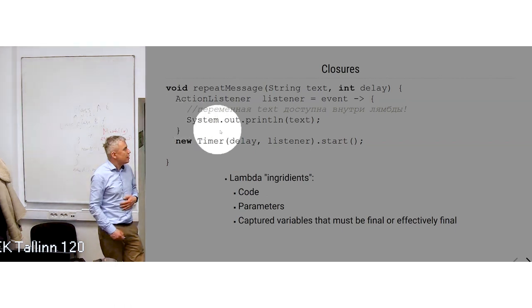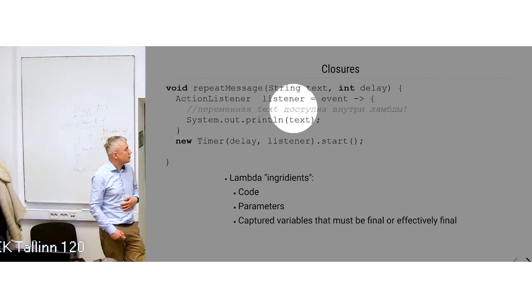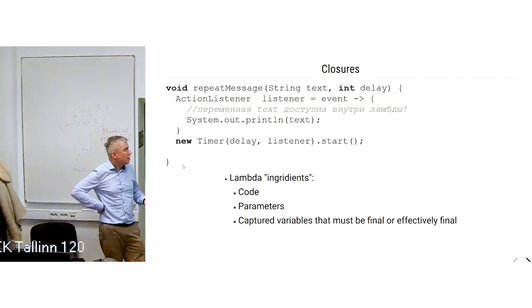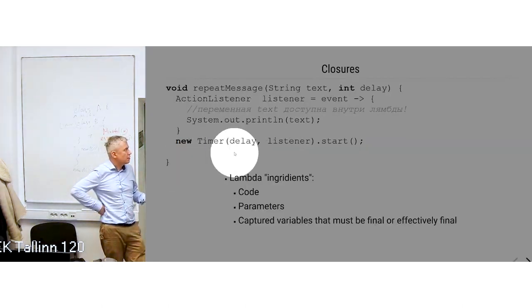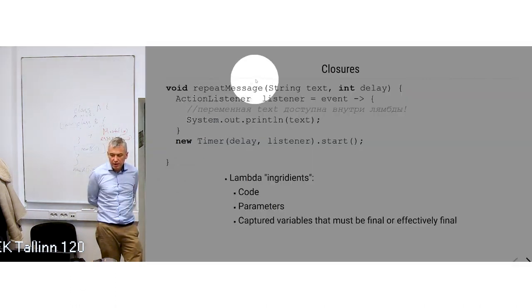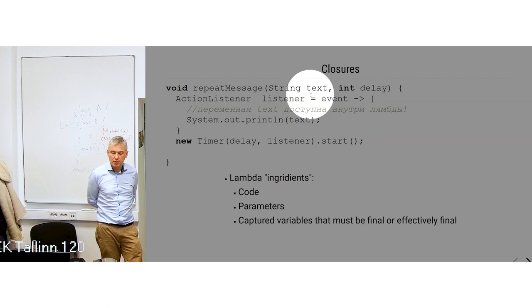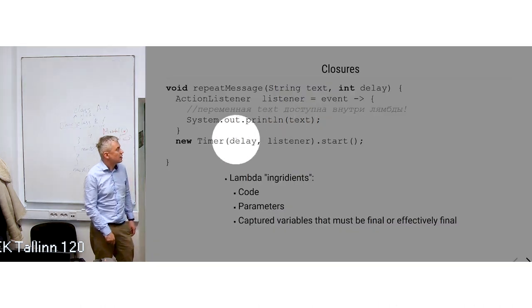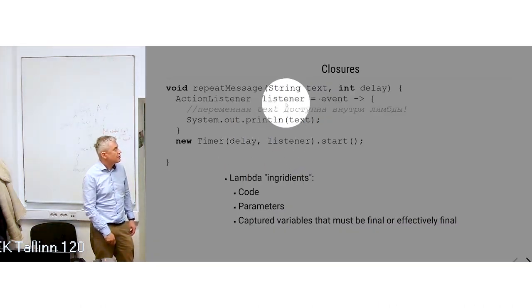Because when we pass the lambda to this listener, to this timer here, we are exiting this method immediately. We just created a new timer, we just passed this delay, and we just started the timer, and now we're exiting this method, so we are losing any reference to this text variable. And so actually, when we passed this listener variable here, the listener not only contained the reference to this snippet of code.